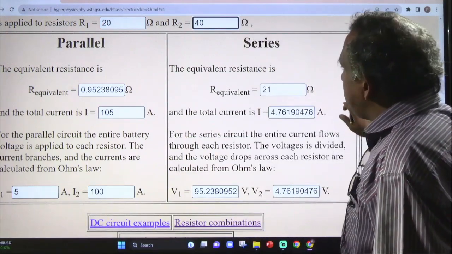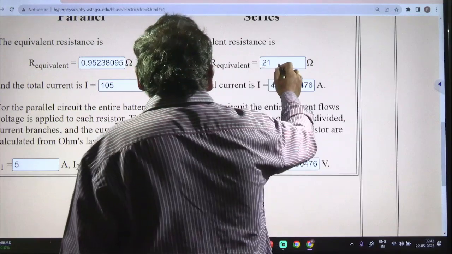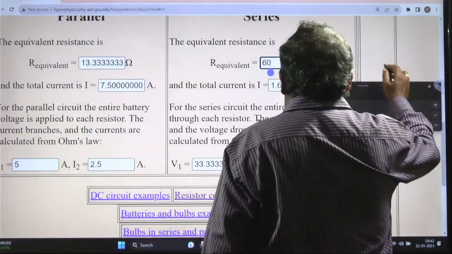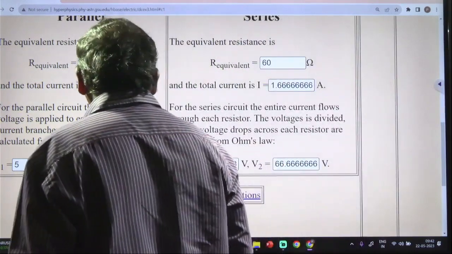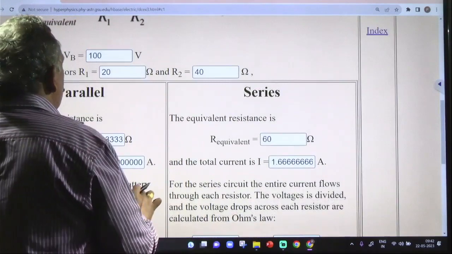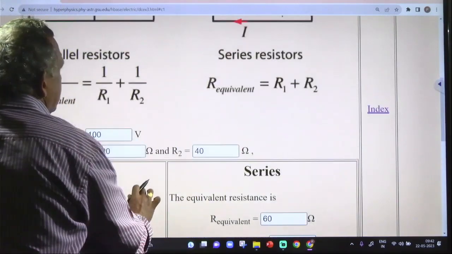If the same resistors are connected in series, the equivalent resistance is 21 ohms. If you change a value here, automatically everything will change.